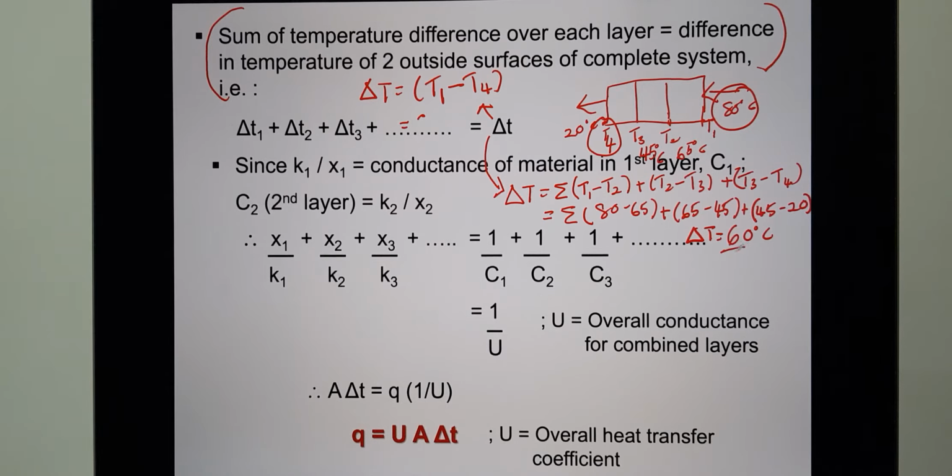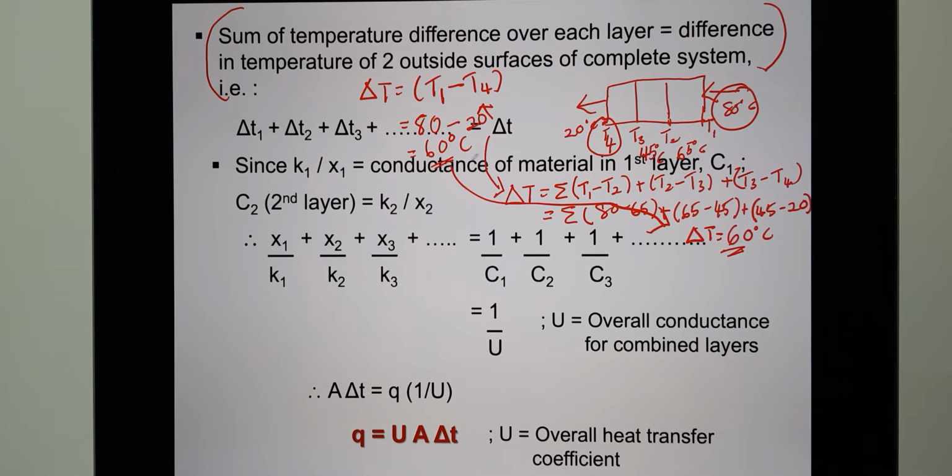Please make changes for this one, 60 degrees Celsius. So the temperature difference between two outside surfaces is simply T1 minus T4. T1 is 80 degrees Celsius minus 20 degrees Celsius, so you will get still the same answer, 60 degrees Celsius.